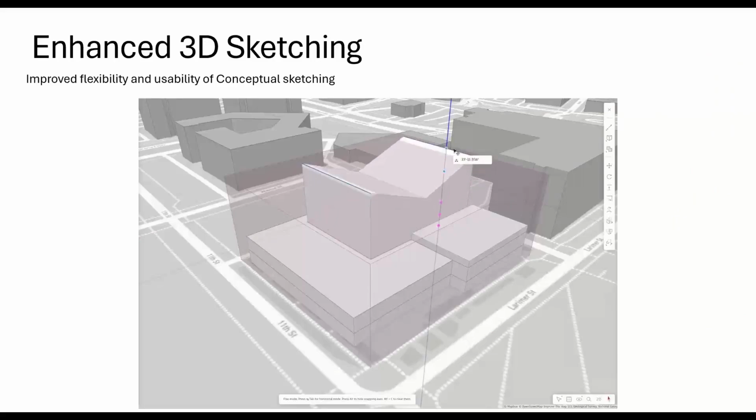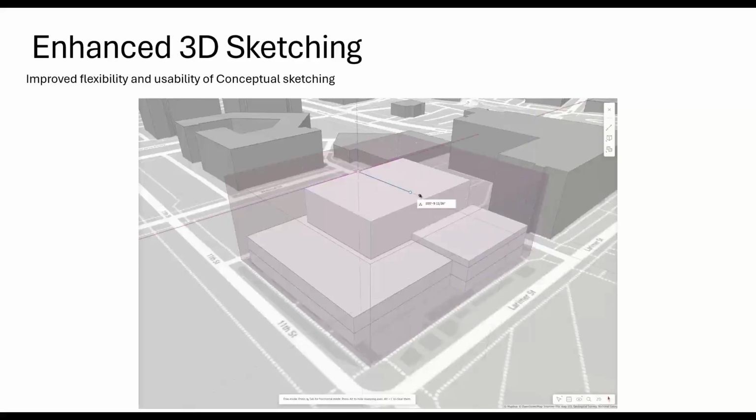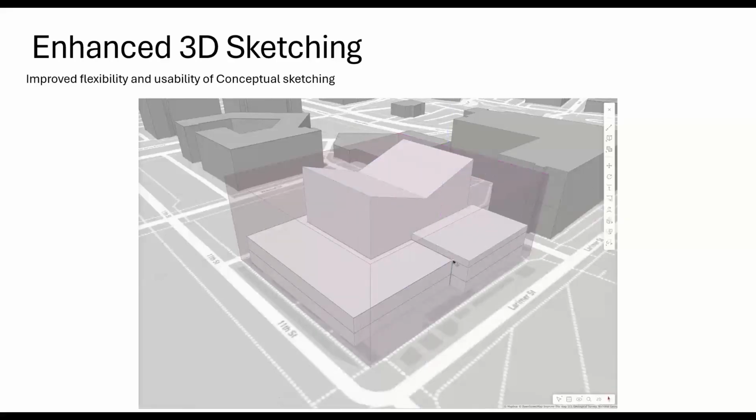So Forma Site Design also comes with an enhanced 3D sketching method. It's pretty easy to sketch. Later on, once we start doing the demo portion, we're going to explore how to leverage the 3D sketching tools within the Forma Site Design.